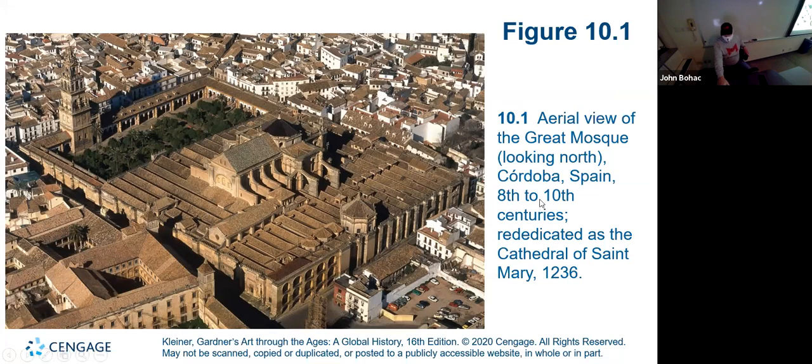And what I really want to get to here is the aerial view of the Great Mosque at Cordoba, Spain, 8th to 10th centuries, rededicated as the Cathedral of St. Mary, 1236. So one of the things about these temples, these mosques and other holy places, a lot of times they're built right on top of existing temples.